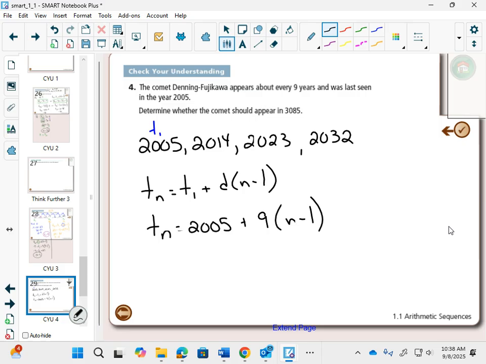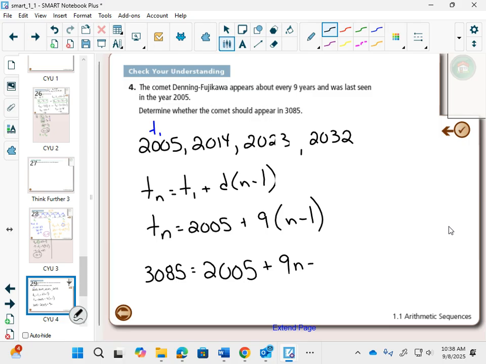And we want to know if it appears in 3085. Mathematically, that means we're wondering if 3085 is a term in the sequence. The way I'm going to check this is I'm going to put 3085 for the general term and ask, is there an n that makes this work?